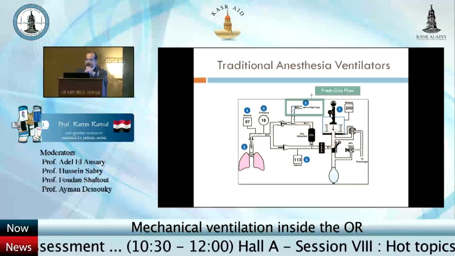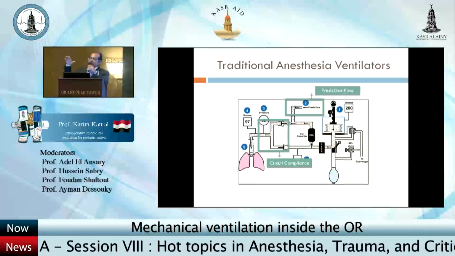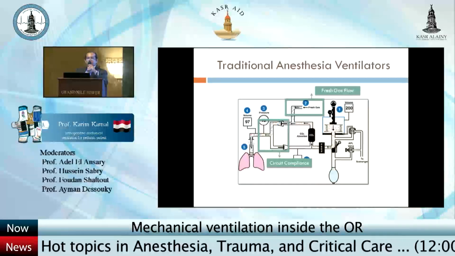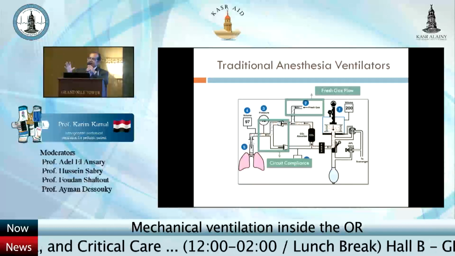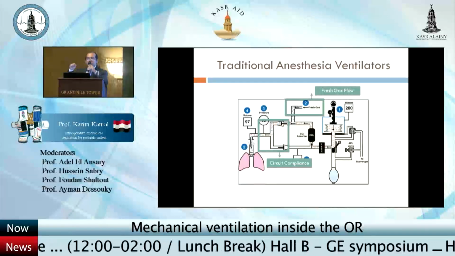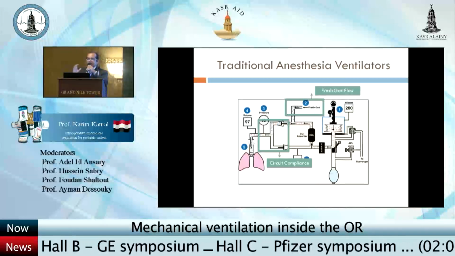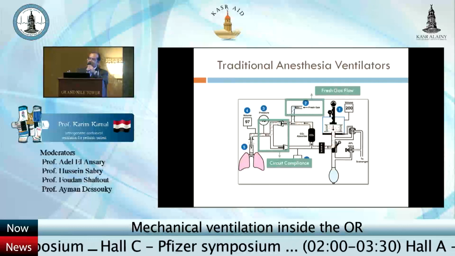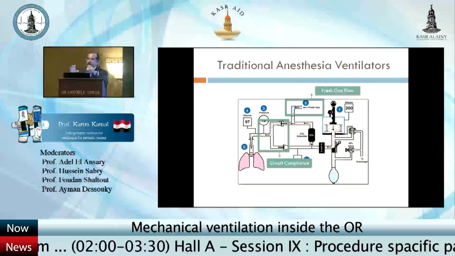to the patient. The other problem was the circuit compliance. When the bellows compressed air into the breathing circuit and then to the patient's lungs, some of the gas was compressed inside the breathing circuit itself. And if the compliance of the circuit was high, the amount of gas compressed within the circuit was high.